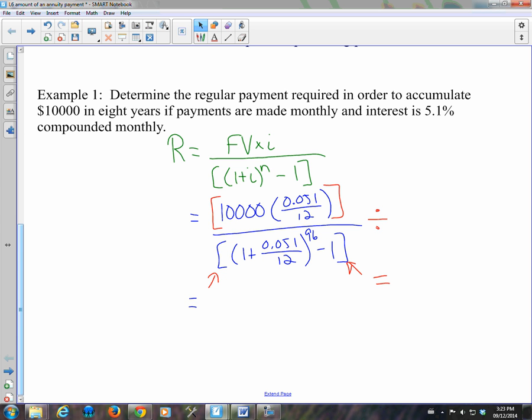I'm going to take a minute and enter it in my calculator. And I'm getting $84.58 per month to get $10,000 in 8 years.